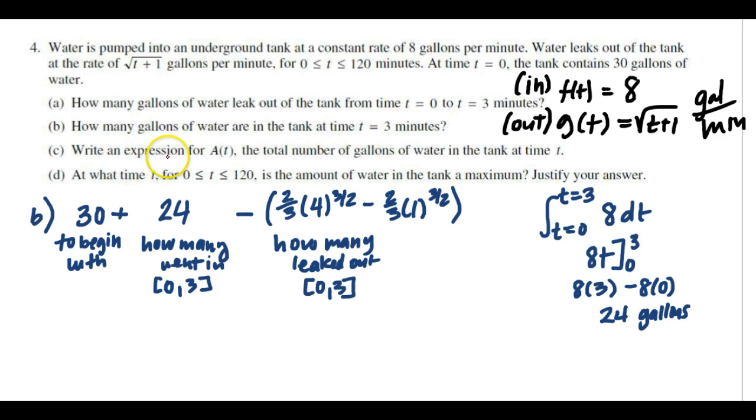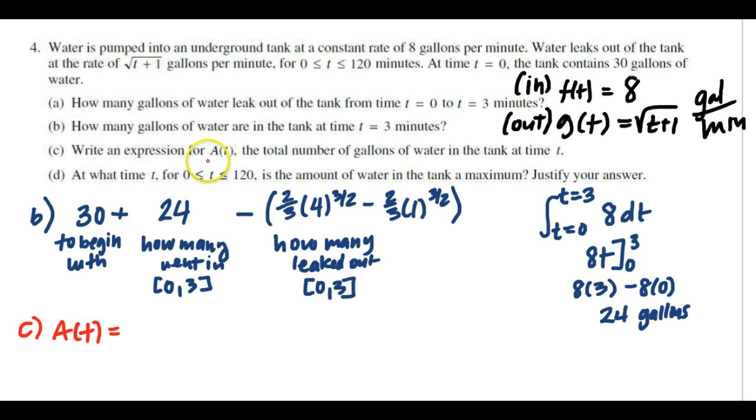But part C is asking us to write an expression for A of t, the total number of gallons in the tank at some generic time t. So let's go ahead and start. Part C is going to be A of t is going to have to equal, so we're about to write out a function. And writing out part B like this should help us write the function A of t.